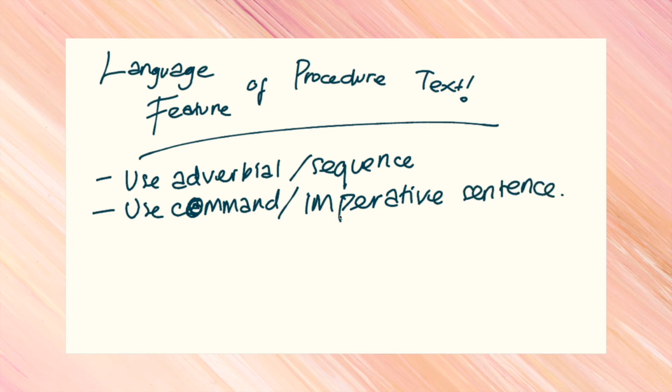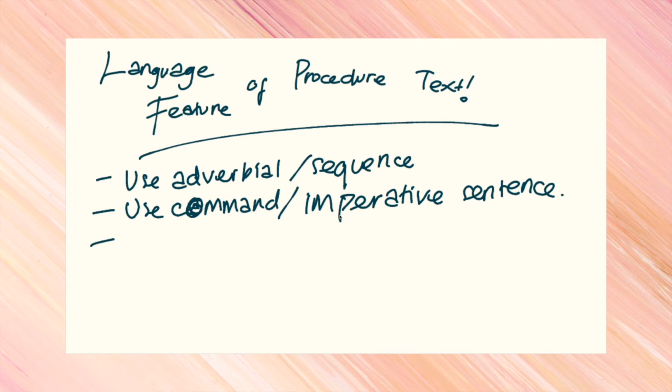So an imperative sentence means like put the noodles on the stove, or on the oven, and then cut the onion, wash the tomatoes, something like that. Like a command, like you need to do the dishes now, commanding someone, asking someone to do it.